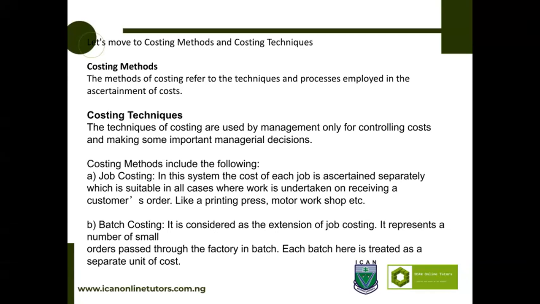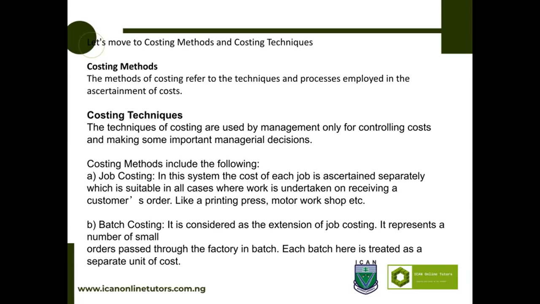The first one is job costing. Job costing is when jobs are produced according to the customer order, no more, no less. When you produce a job according to customer order, we call it what? Job costing. For example, if you want to eat, you request food, and we give you the food, not just any food.